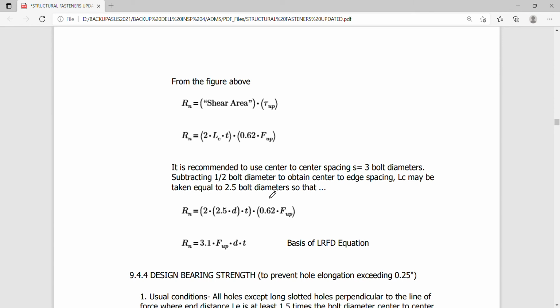So it is recommended to use center-to-center spacing with S equal to 3 bolt diameters, subtracting 1/2 bolt diameter to obtain the center-to-edge spacing. LC may be taken equal to 2.5 bolt diameter. Okay, so this is the rule of thumb. Now, if you have 2 holes here, your center-to-center spacing S is always 3 times the bolt diameter.